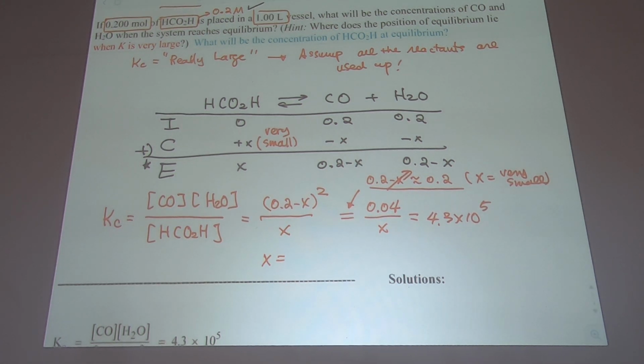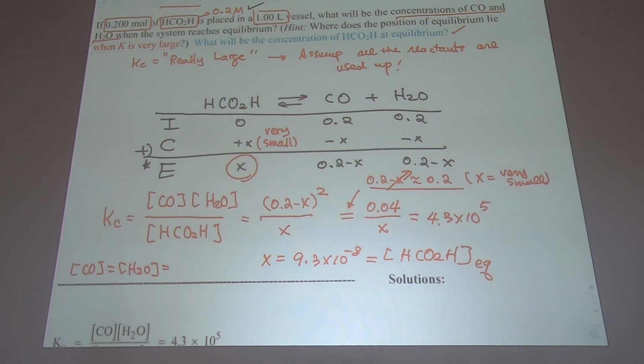therefore 9.3 times 10 to the minus 8. If you look at that, x is the concentration of HCO2H at equilibrium. That was the question here, but they also ask what the concentration of CO and H2O is, which is, to me, a very simple and not so meaningful question.